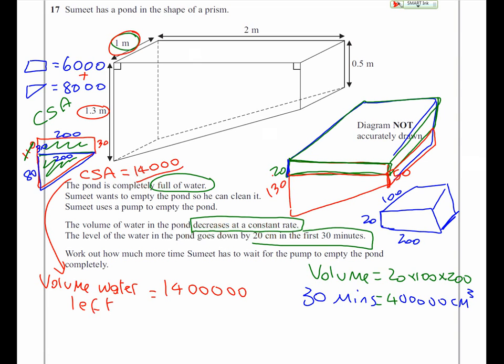So that's how much is left. This is how much rate per 30 minutes. What if we want to know per hour? For 1 hour, we're just going to times by 2 and get 800,000 centimetre cubed.